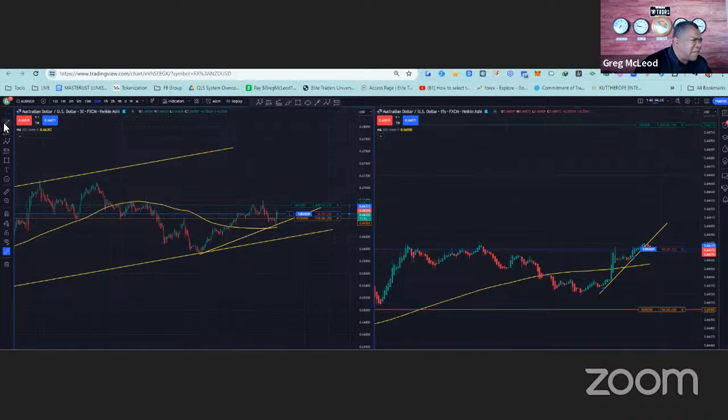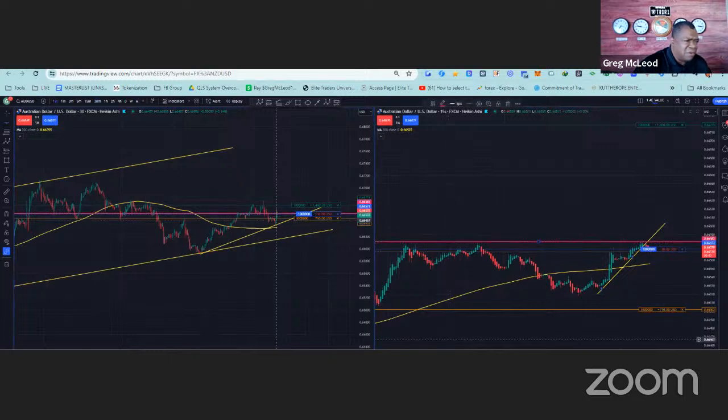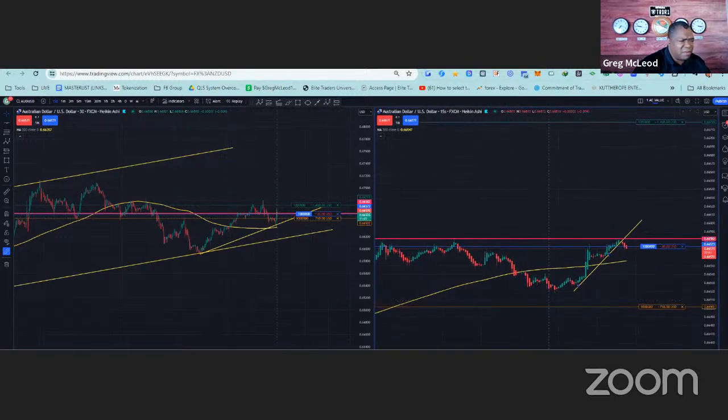This is a 15-second chart. If you're looking at your charts, you're probably not seeing all the activity I'm seeing here in micro world. It's like we have a little trend line break.